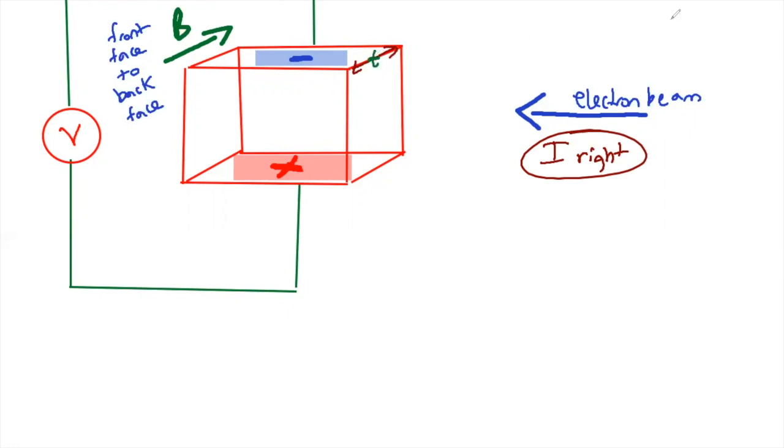This is t, and this is d. This distance is d. So this is d, and that is t. Okay, much better. All right, and this would be area A, right? So this is area A, right?